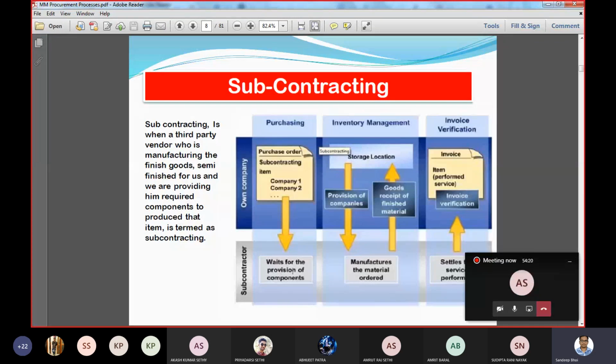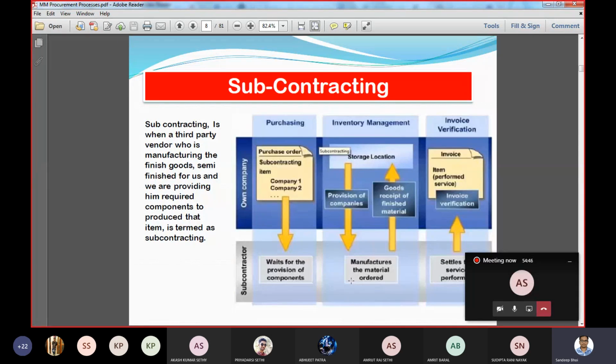The subcontractor will agree with your proposal: yes, please provide the raw material to us, and we will manufacture or assemble all the products in a proper way, and it will be delivered to you.